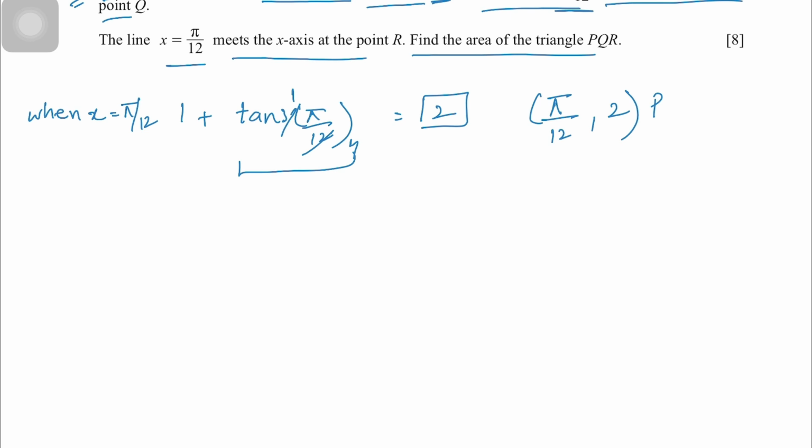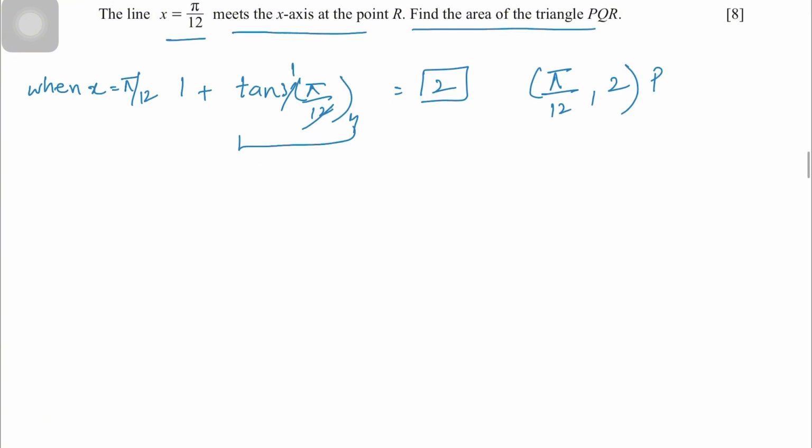Now for Q point, we need to calculate the normal which meets the x-axis at point Q. So for that we need to first calculate the differentiation of this function. This would be dy by dx would be 3 sec squared 3x. So this would be our simple differentiation.